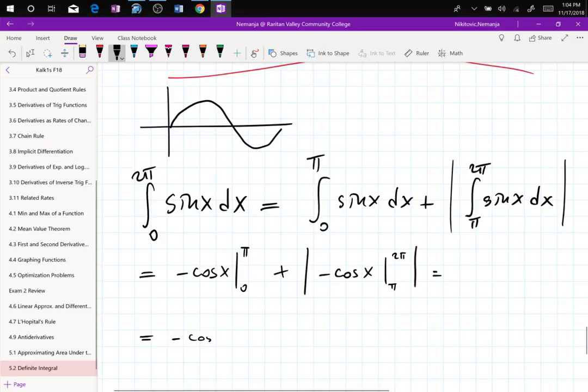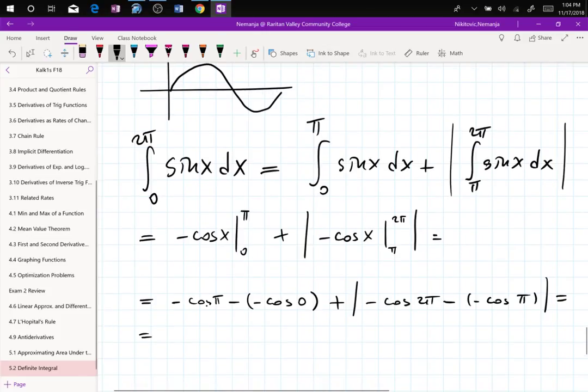So negative cosine of pi minus negative cosine of 0, plus absolute value of negative cosine of 2 pi minus negative cosine of pi. Absolute value. There we go. Cosine of pi is negative 1. So this is minus negative 1 minus another negative 1, plus absolute value of negative cosine of 2 pi, so it's negative 1 minus negative, and cosine of pi is negative 1.